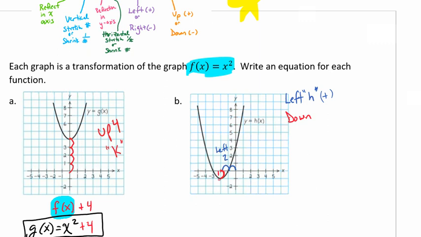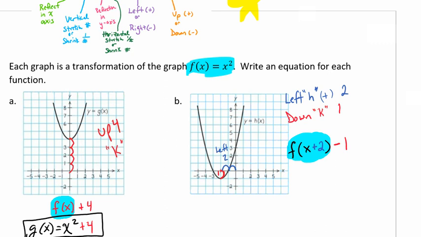It moved down 1 spot. So remember that down is our k value. So we moved to the left 2, and we went down 1. So as we go to write that, we know that the h belongs inside with our x. So we should see a plus sign, and then the number 2, and our k belongs outside, and down is a minus 1.